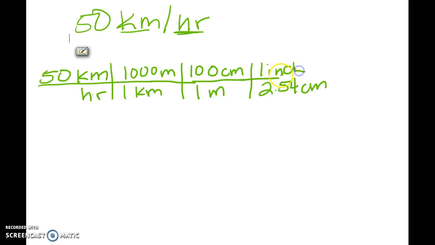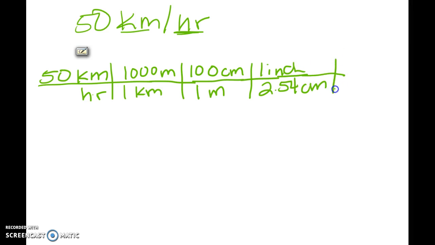Remember how I told you, I don't want to have to remember all of those conversions. The one conversion I remember is centimeters to inches. So all I need to do is get kilometers to centimeters, convert to inches, and then get inches into miles.